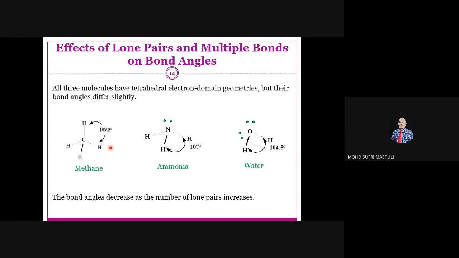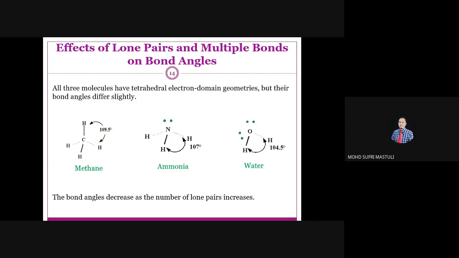As you can see, if there is no lone pair for the tetrahedral, the angle ideally is 109.5 degrees.